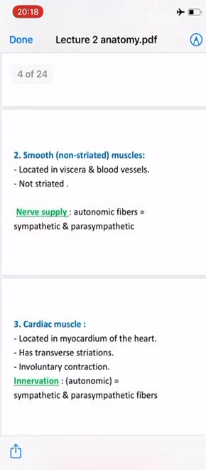Secondly, the smooth non-striated muscle، العضلات الملساء أو الغير مخططة.